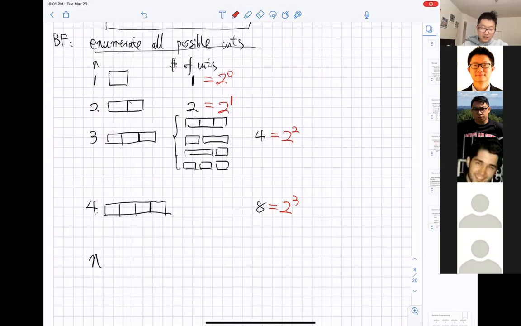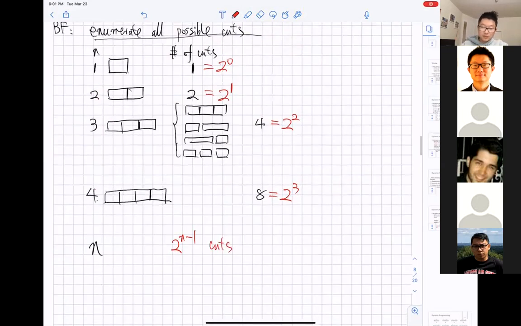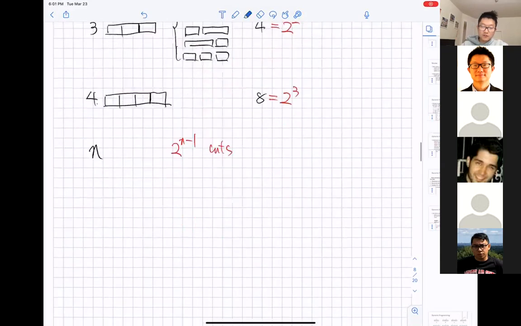So when we have a rod of length n, there are totally 2 to the power of n minus 1 different ways to cut it. Correct? And to explain why it's 2 to the power of n minus 1, let's think about this.